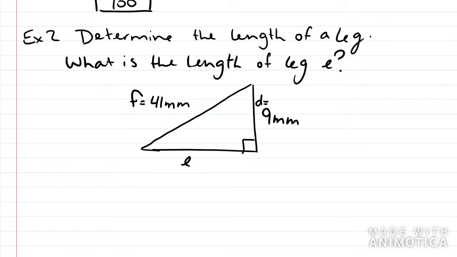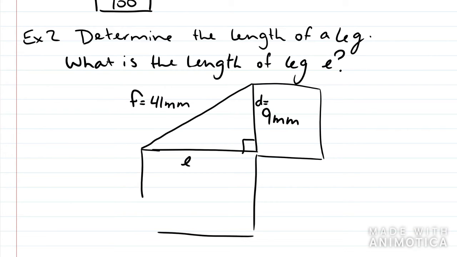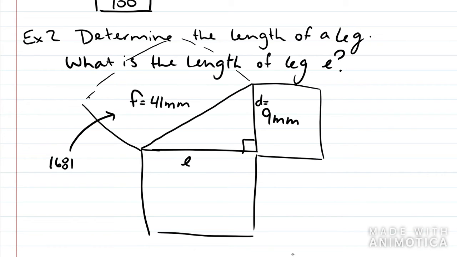So again, first thing we do, we draw our squares. And we find out that this one is a huge number. It's going to be 1,681. This one here is going to be 81.